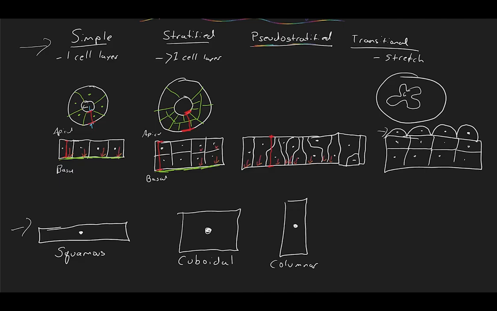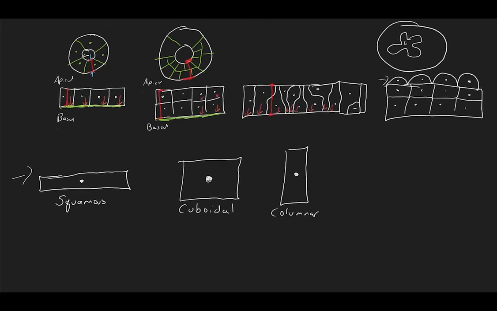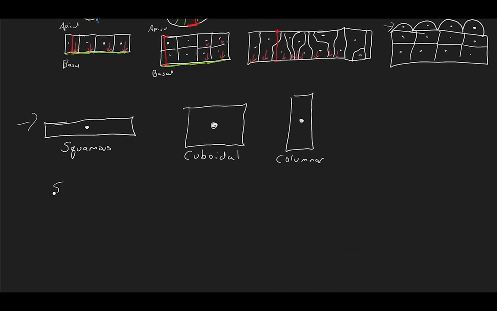So we might say something like a simple squamous epithelium. That means it is one cell layer thick and the cells are flat.